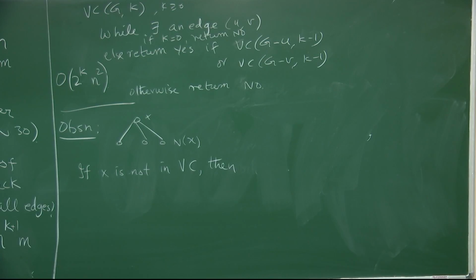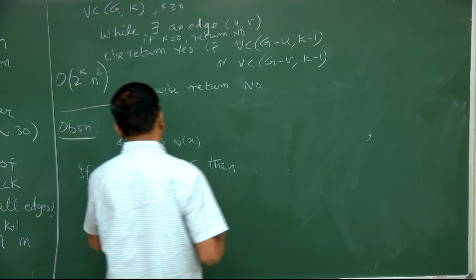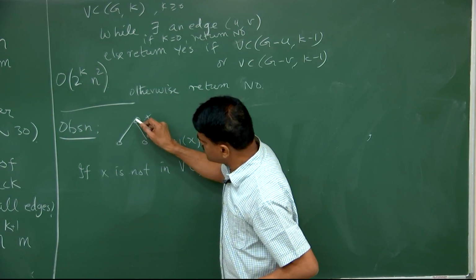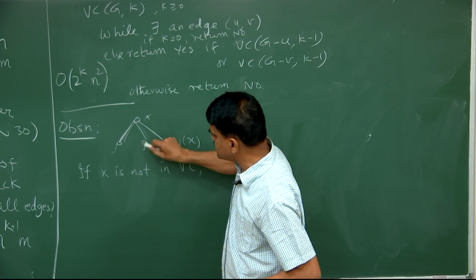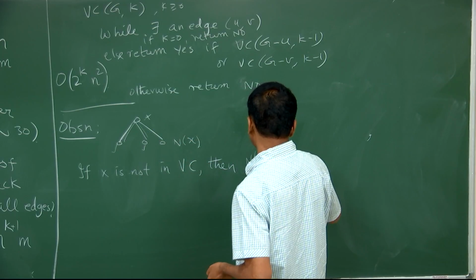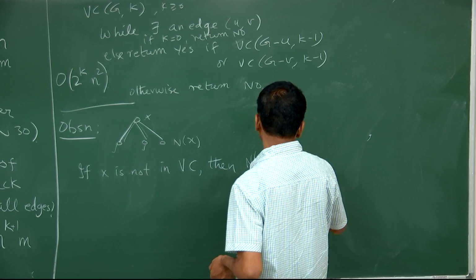Suppose x is not in the vertex cover I am trying to pick, then N of x should be there. Entire N of x should be there, because if x is not picked in the solution, who is going to cover this edge? This vertex. Who is going to cover this edge? This vertex. Then N of x is in the solution.